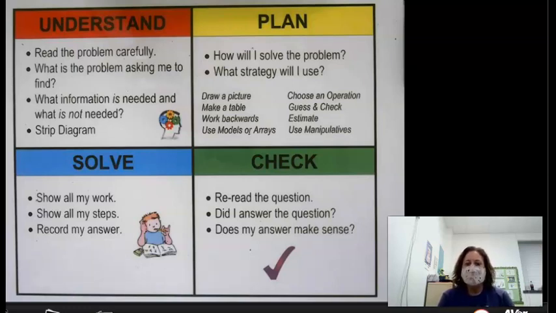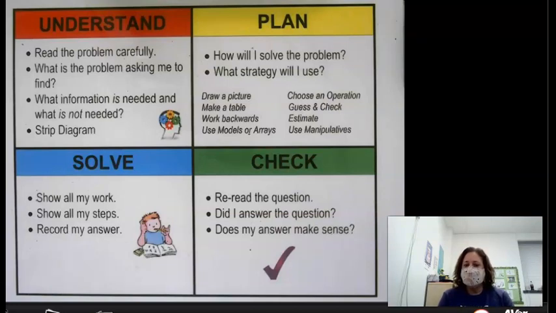Okay, then of course S is for solve, and that's where you're going to show your work. You're going to show all of your work, all steps, and then you're going to write down your answer. You answer in a complete sentence. Check. Last part, under C on the bottom right, you go and read the question again and make sure that you answered the question.